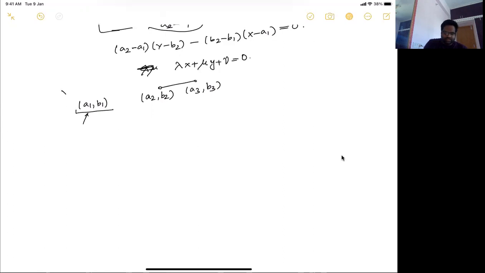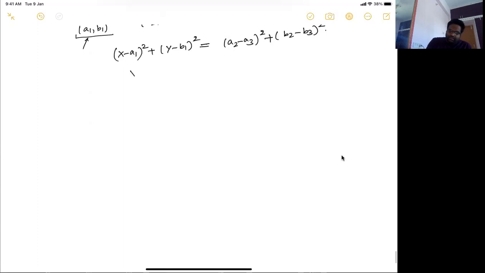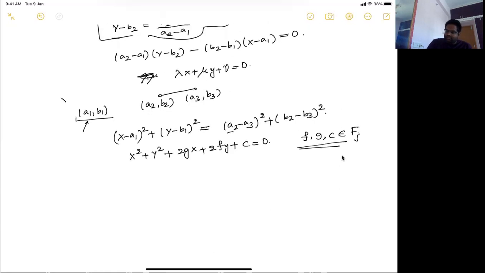So the equation of the circle is (x minus a1) whole square plus (y minus b1) whole square is equal to (a2 minus a3) whole square plus (b2 minus b3) whole square. Once you simplify this, you'll have the equation of the circle of the form x square plus y square plus 2gx plus 2fy plus c is equal to 0, where g, f, and c are elements of F_j, because they are obtained by simplifying the elements of F_j.